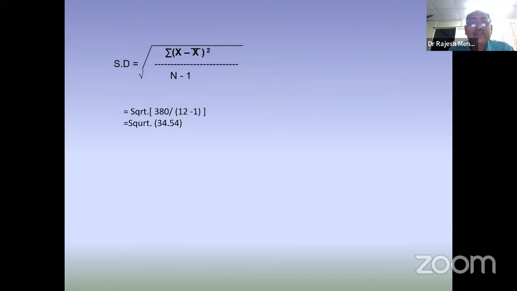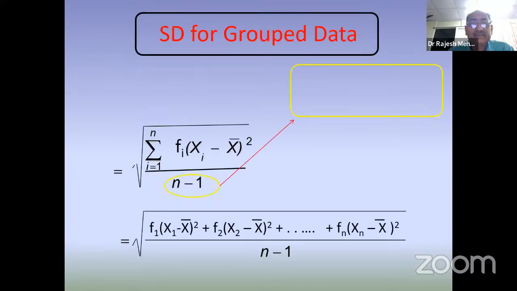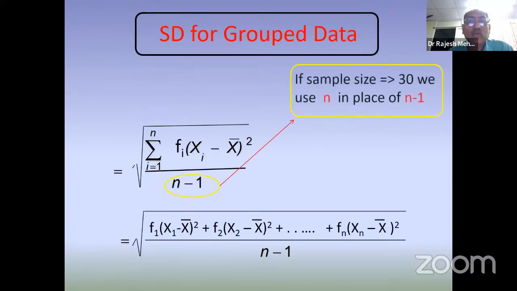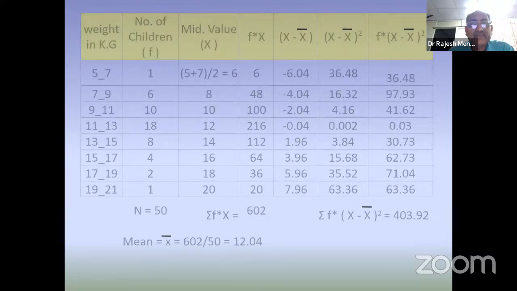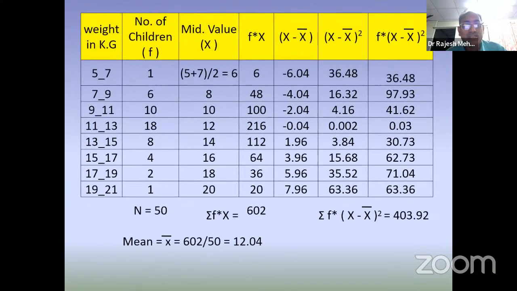This is the formula of standard deviation. Now for grouped data, you need not go into that. So I stop here, take another chart.